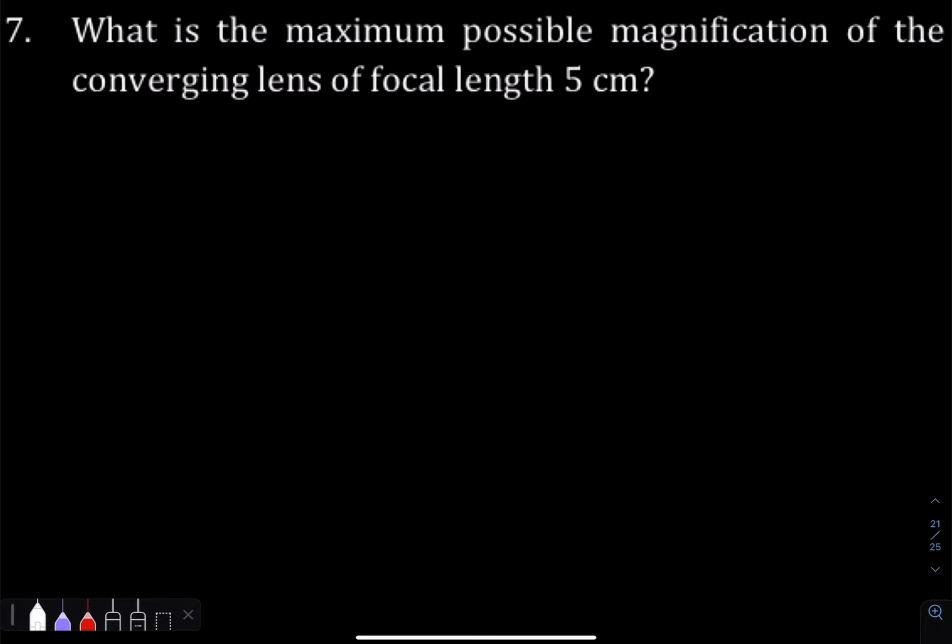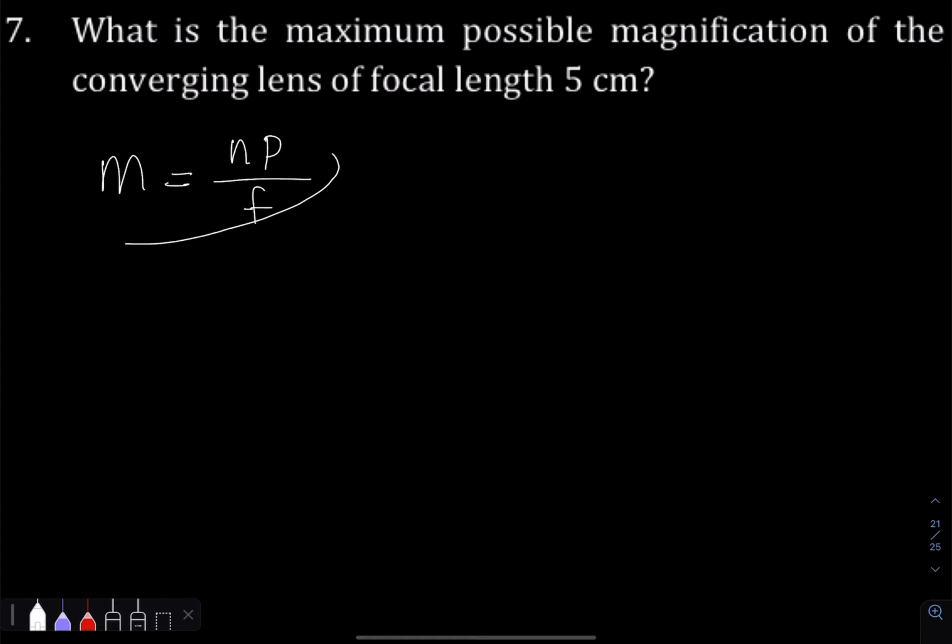So what is the maximum possible magnification of a converging lens of focal length 5 centimeters? So again, we have magnification, and we have near point, and we have focal length. Now, they're asking what is the maximum possible magnification. So you might be wondering, okay, well, we're only given the focal length here. What do we do?